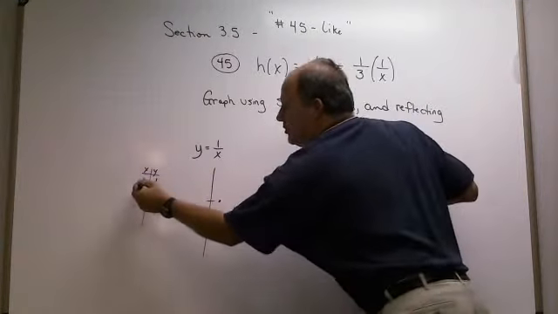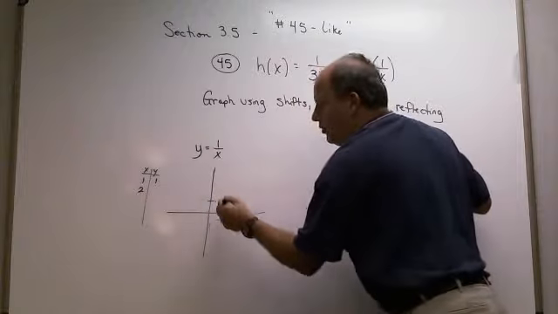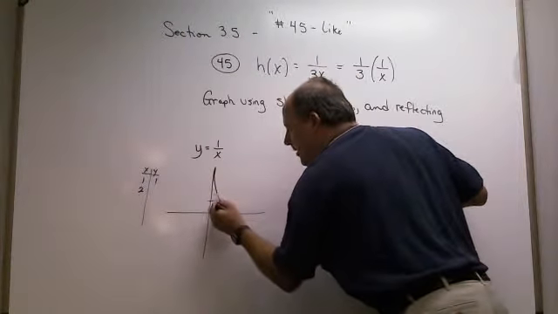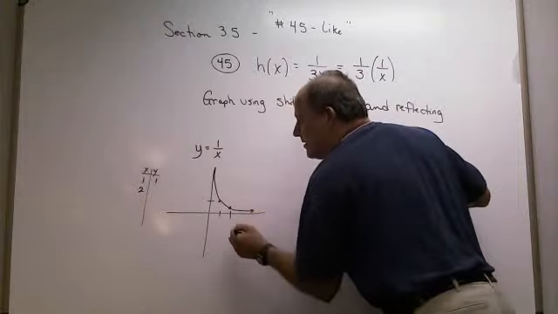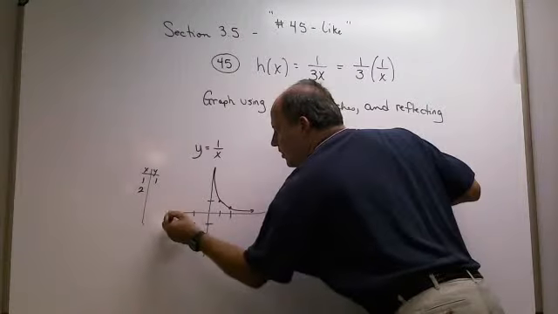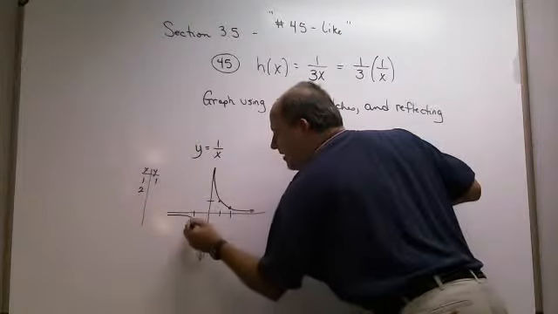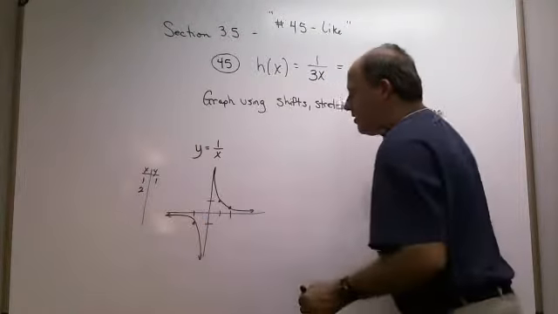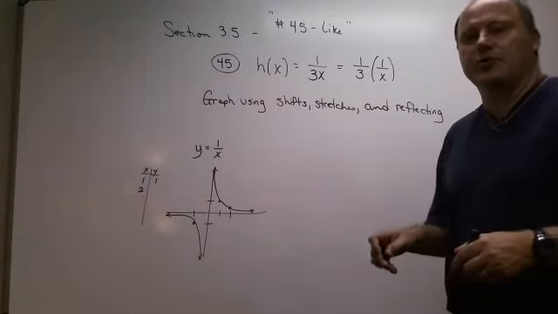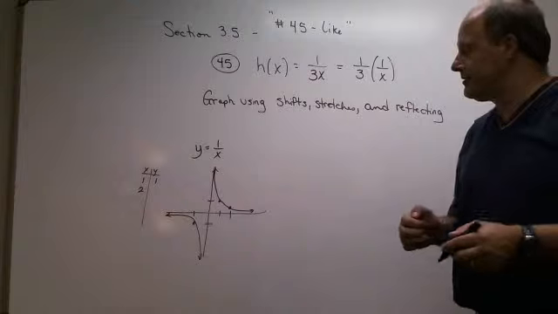If you let x be 2, it's going to be 1 over 2, which is 1/2. So if you keep graphing and keep doing ordered pairs, it looks kind of like this, but it also works on the other side. So hopefully you've got that figured out so far. You know, that's what the shape is going to look like. That was just one you have to memorize, if nothing else.